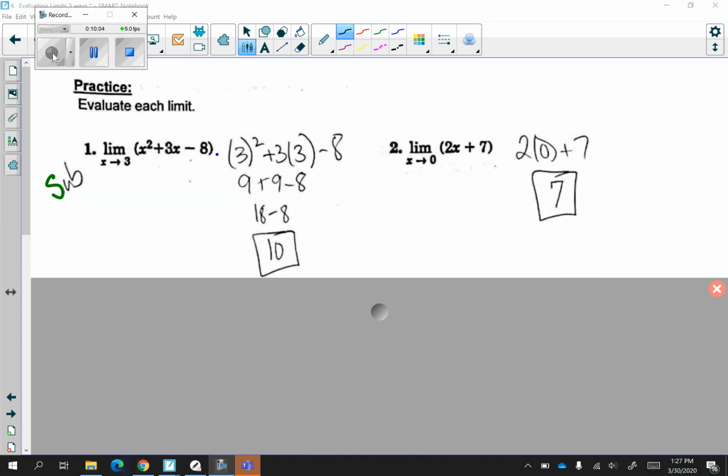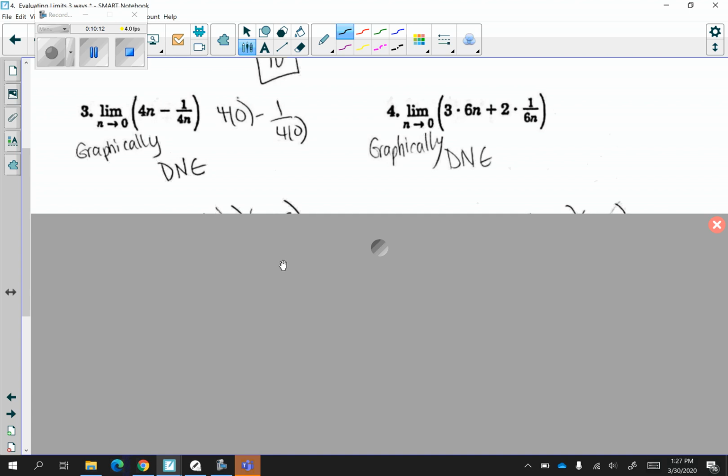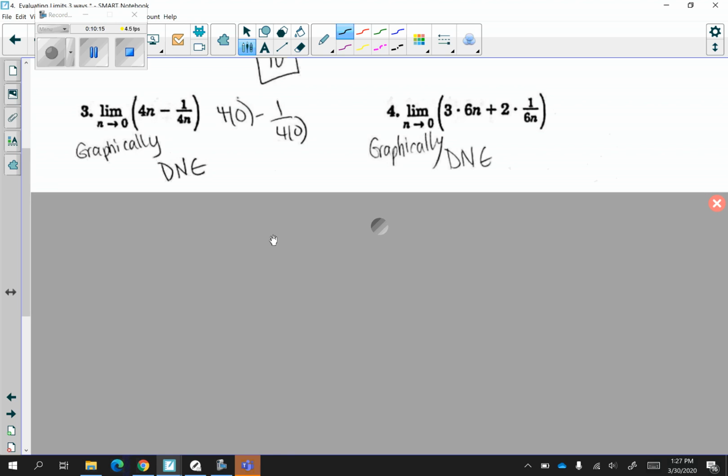Let's take a look at the answers. So for number 1 and for number 2, we used substitution. Number 3, I graphed it to see where it was approaching. It does not exist. It's approaching infinity. Same for number 4.